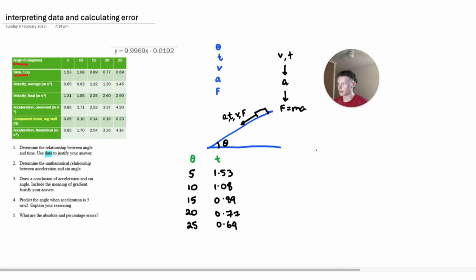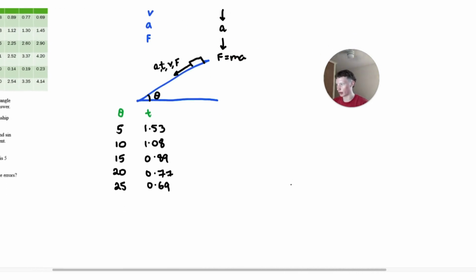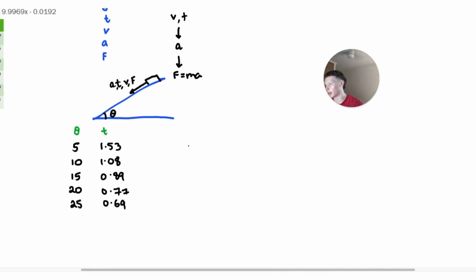If you're just describing a trend, the very first thing is that as angle increases, time decreases. It seems self-explanatory and not really too much of a conclusion to make, but that's actually what they want you to write, even though it's really simple.